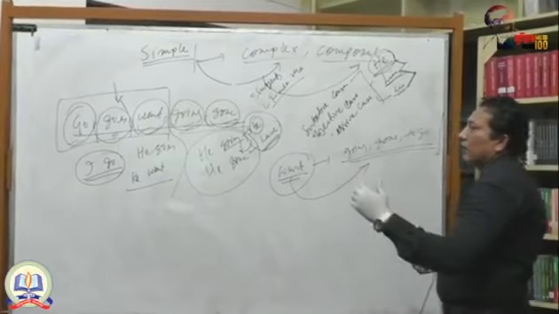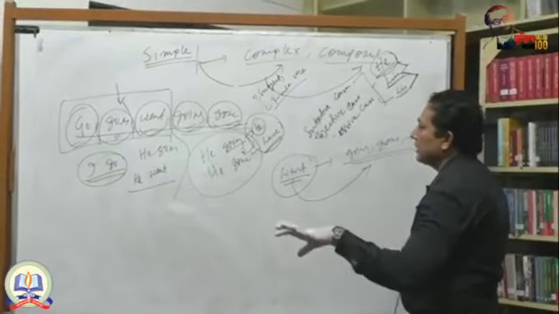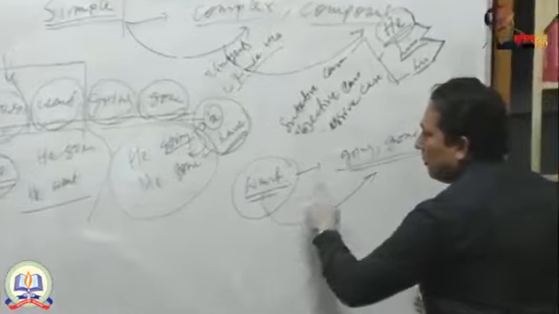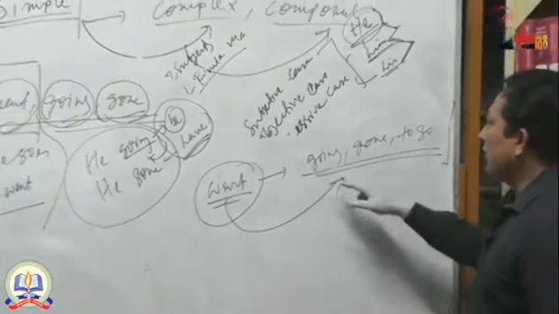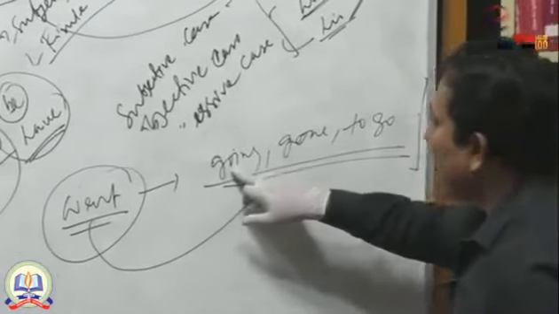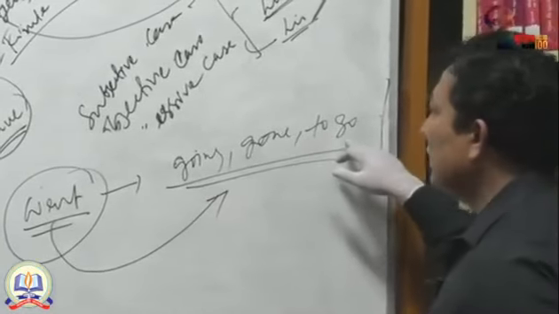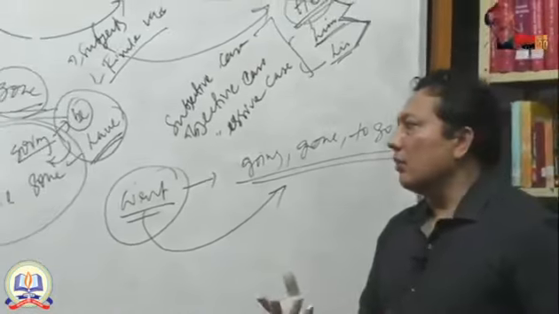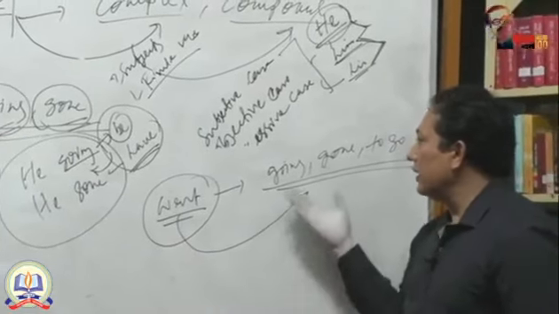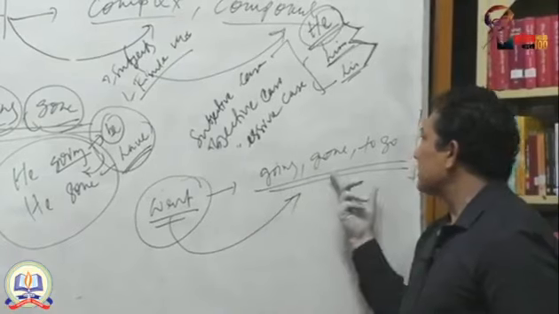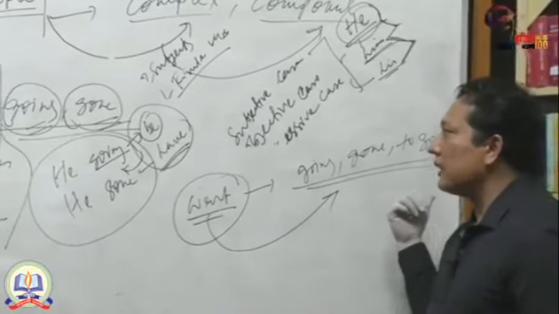So when you are asked to make any simple sentence, of course you have to make a non-finite verb from finite in this way. Whether you will use ing, past participle or to, that depends on the necessity, on the meaning. So it will depend on meaning whether you will use ing, past participle or infinitive, to plus verb.